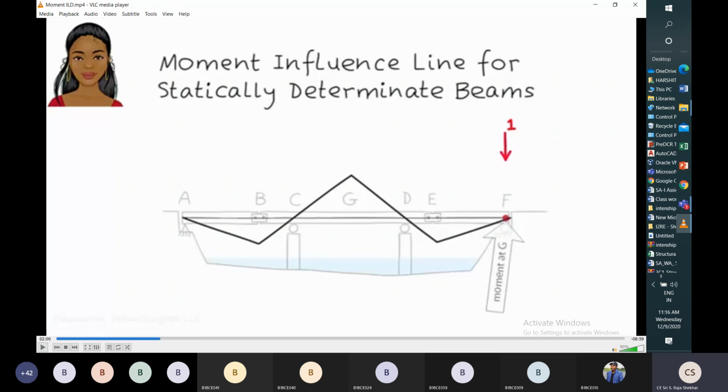So this is a variation of the moment influence line for the section, moment at section G.